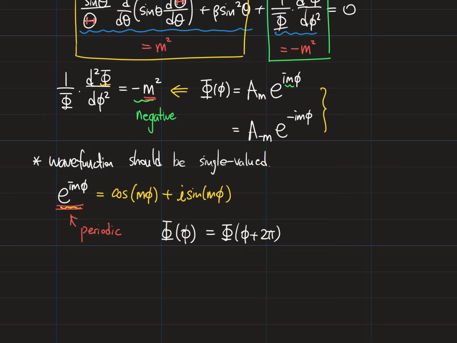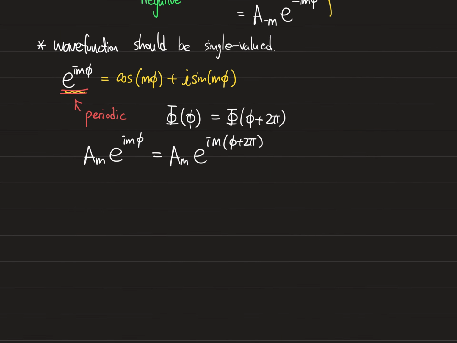So from the single valued condition, we can derive the first condition for the wave function. So am e^{imp} should be equal to am exponential i m (p plus 2 pi). And you can write a similar expression for exponential minus imp, right?